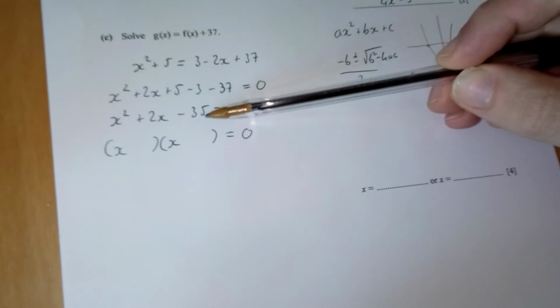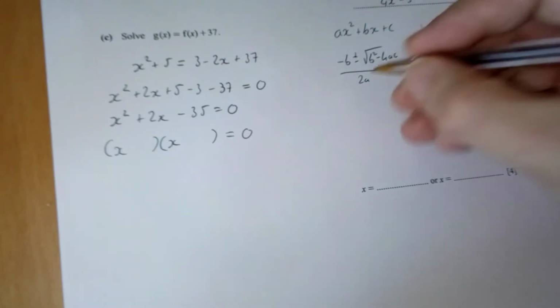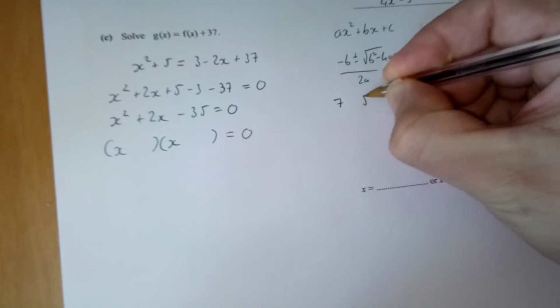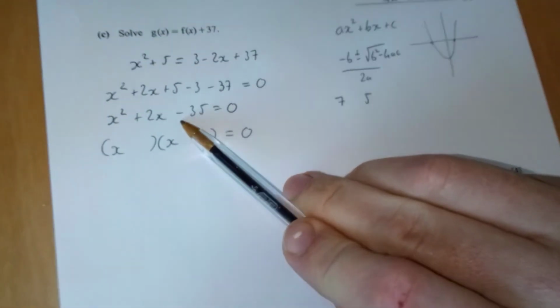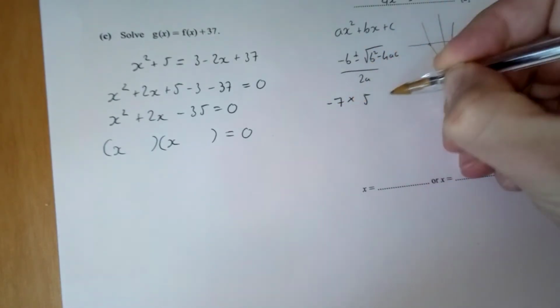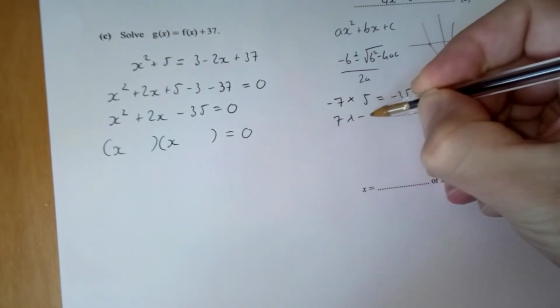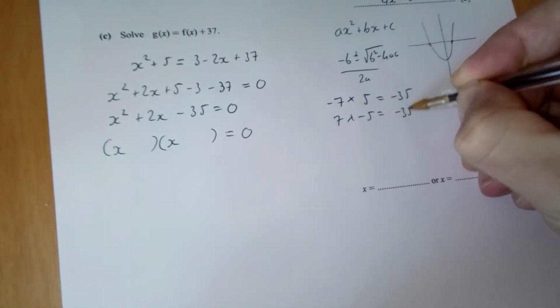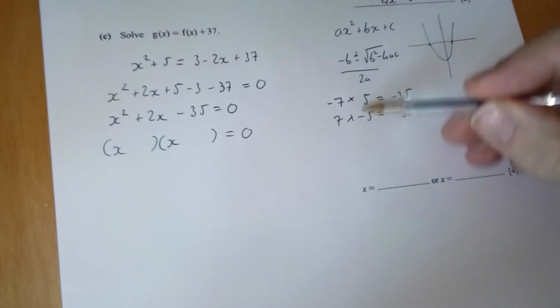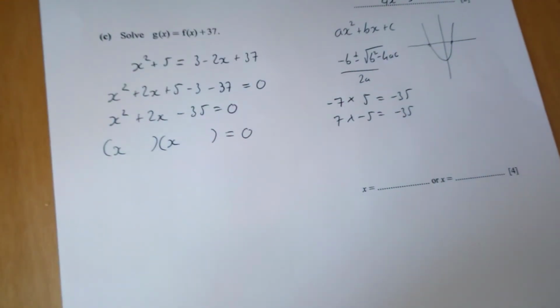There's 1 and 35, and then of course 7 and 5. When we multiply them, we need to get negative 35. So it's either negative 7 times 5, which gives negative 35, or 7 times negative 5, which also gives negative 35.